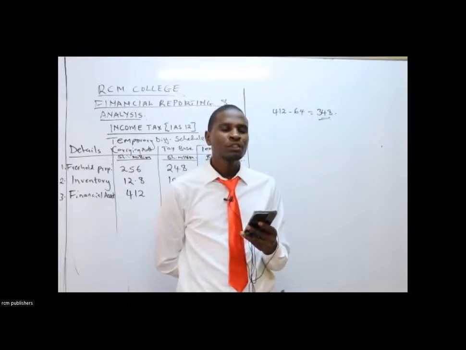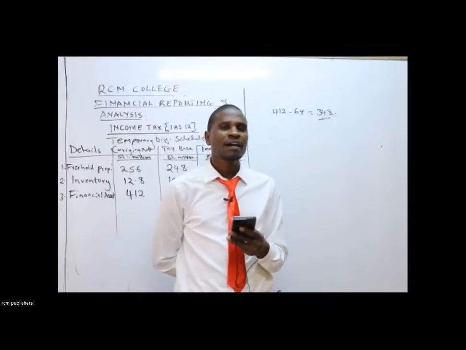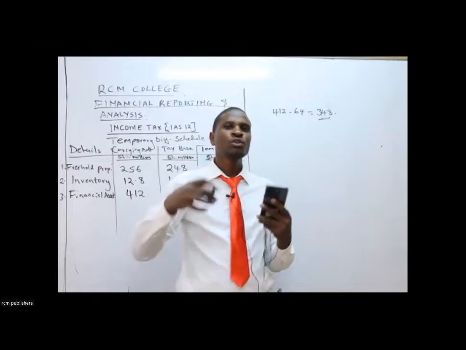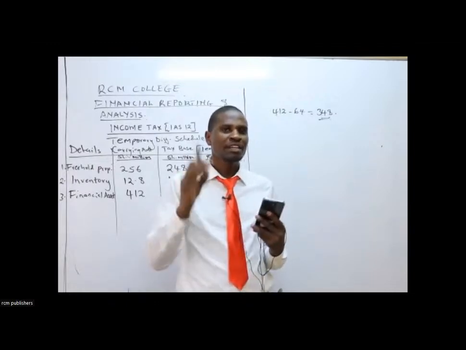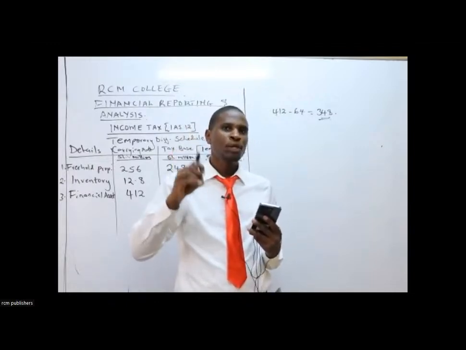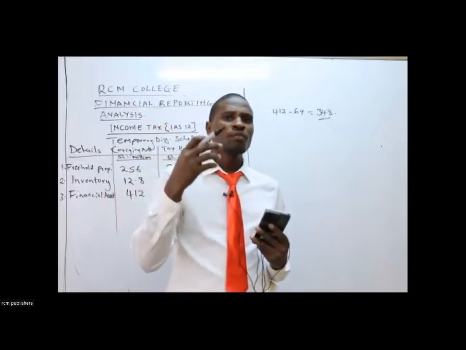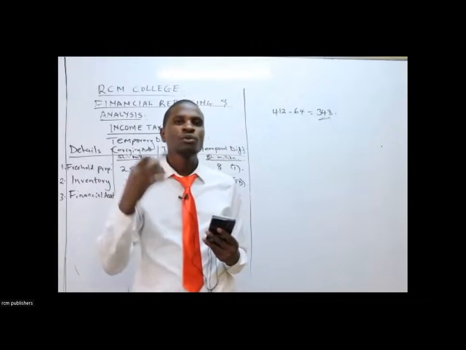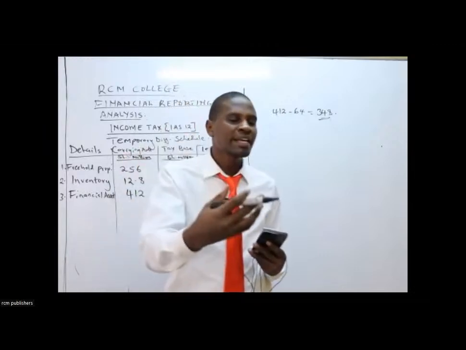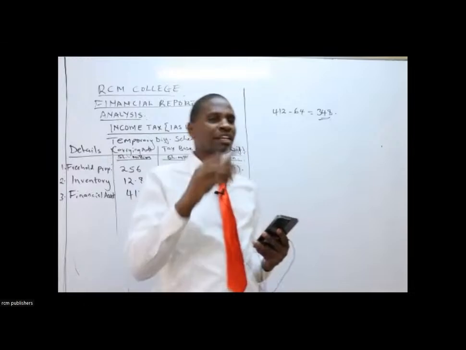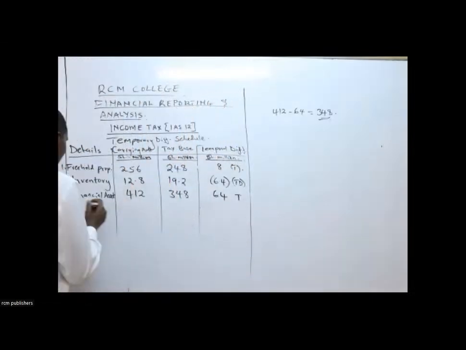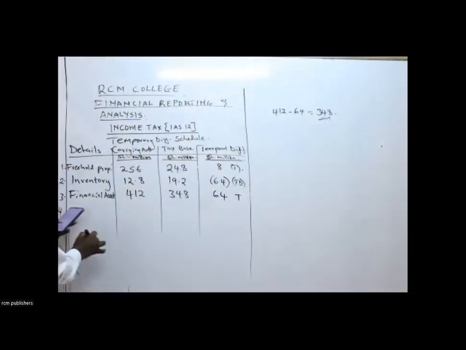So class, please note, when they talk of gain, make sure that you reduce that gain from the carrying amount to get the tax base. If they talk of credit loss or losses, you have to add it to the carrying amount in order for you to get the tax base.